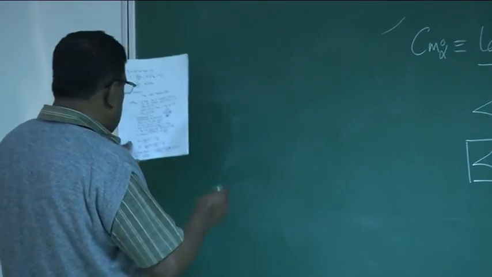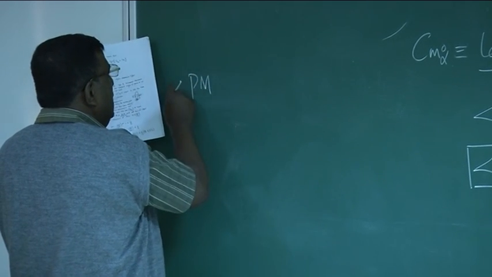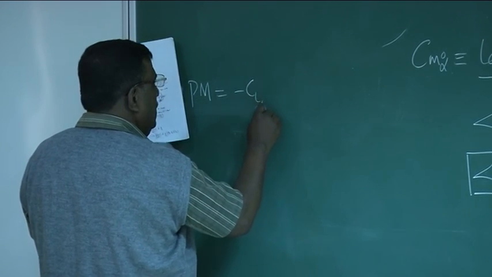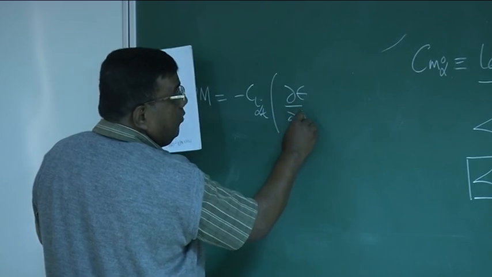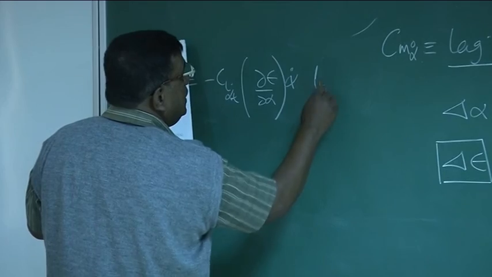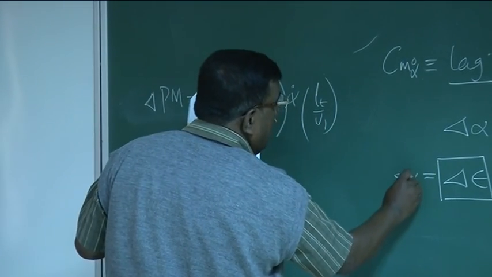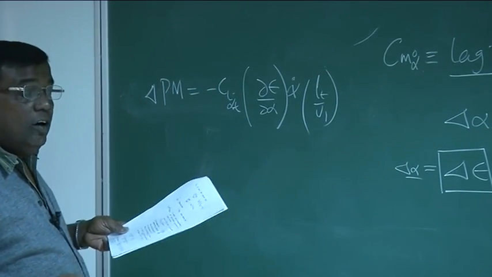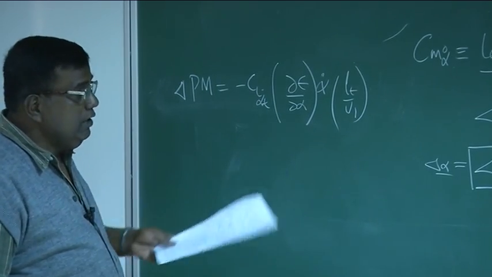So I will write the delta pitching moment as minus Cl alpha tail into d epsilon by d alpha into alpha dot into Lt by u1, that is Cl alpha tail into the extra angle of attack at the tail, because the downwash or the vortices have not reached, so the downwash is not effective and the angle of attack is more by this much.